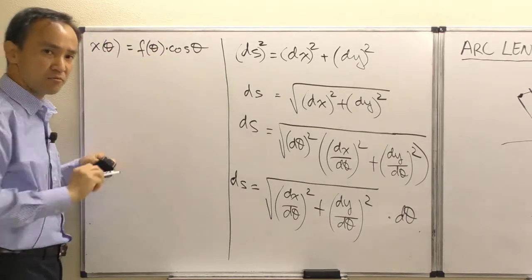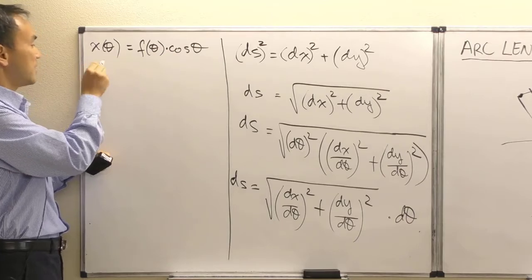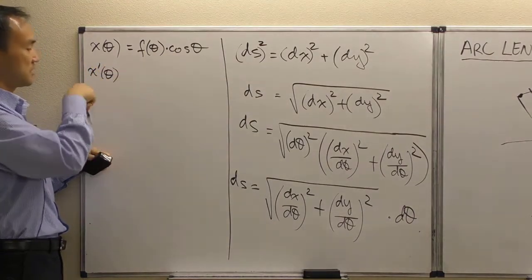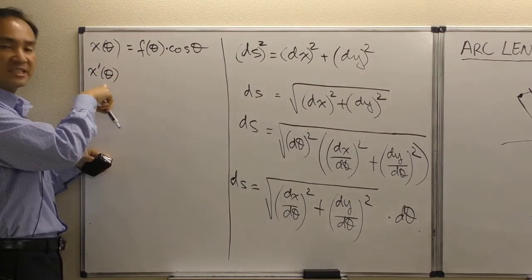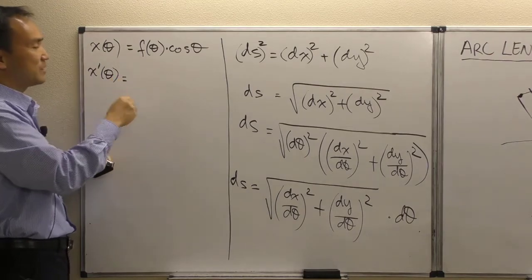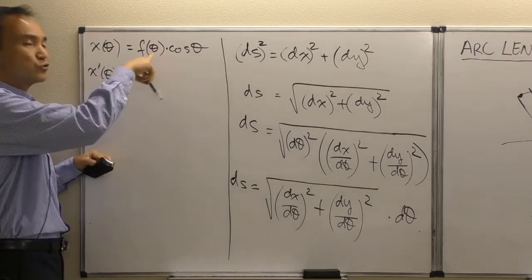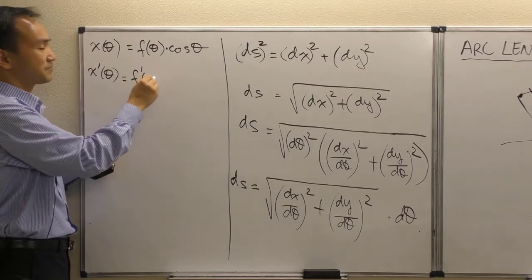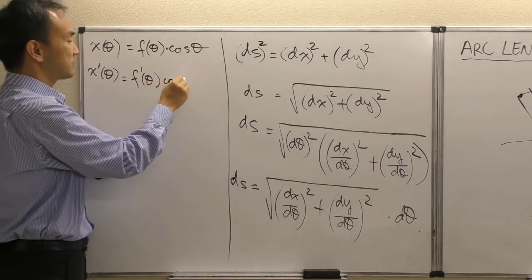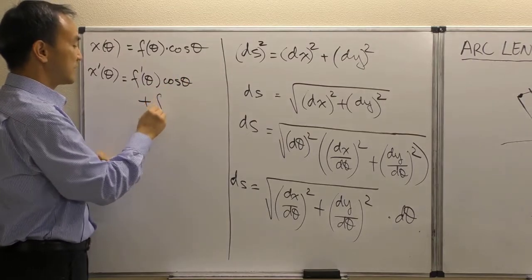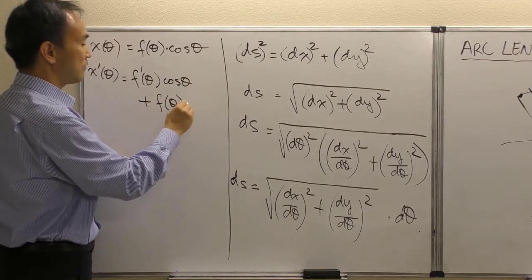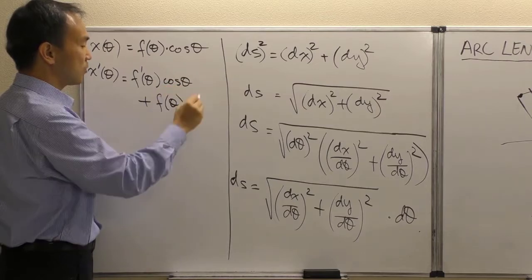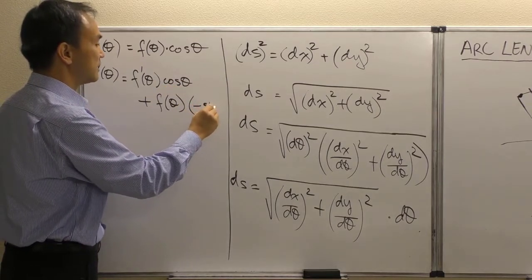There we have a product, and x prime of theta, a shorter symbol for dx d theta, has to be, according to the product rule, f prime of theta times cosine of theta plus, keeping f the same, f times the derivative of cosine theta, which gives me a minus sine theta.